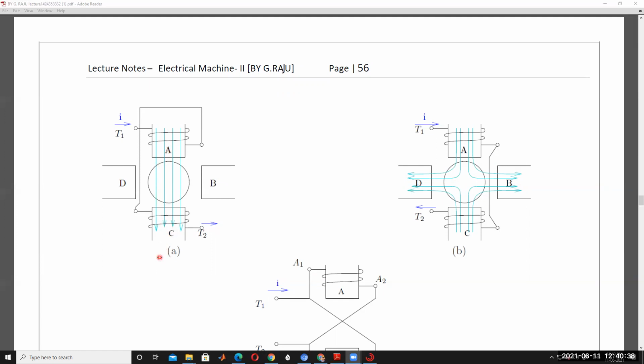The winding is connected according to the thumb rule: flux lines leave from here and enter here. So that's why these two pole phases are considered, and that's why it is acting as a two-pole machine.